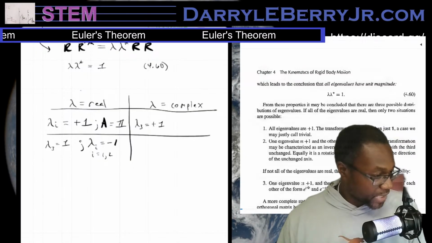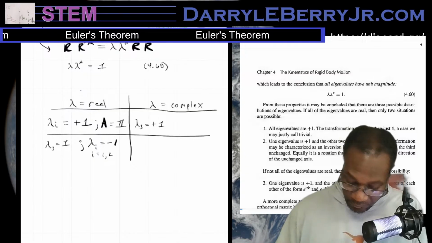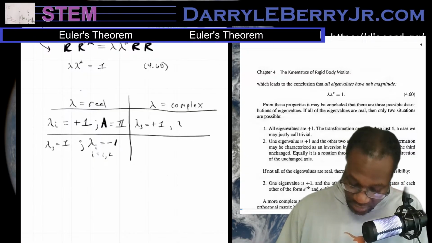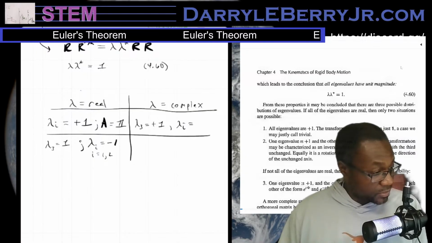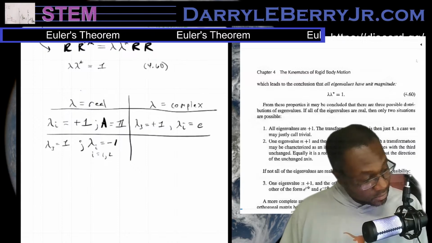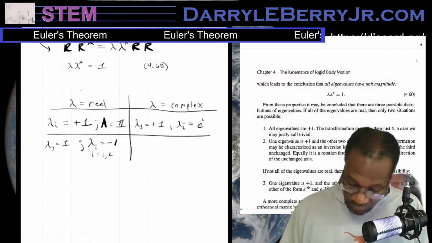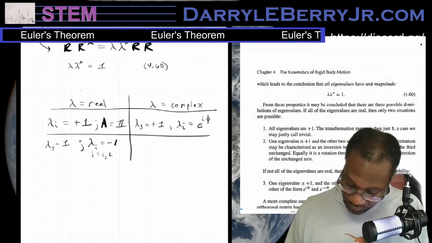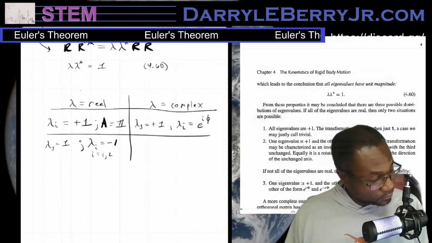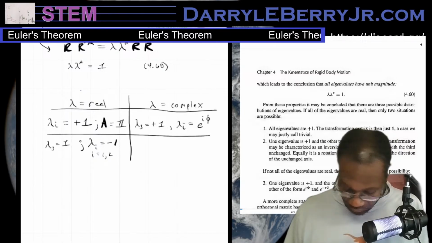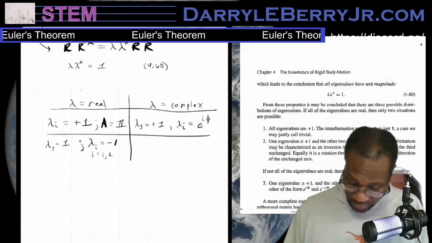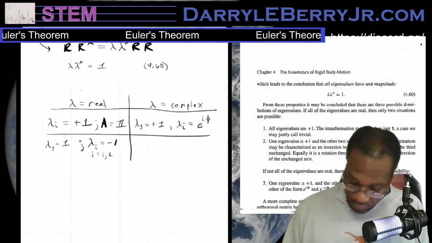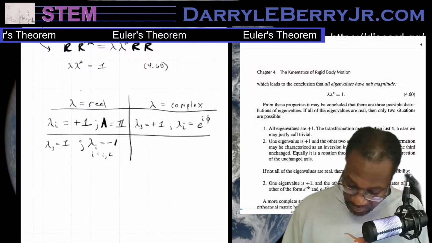And the other two are complex conjugates of each other of the form lambda equals e to the plus or minus i phi.